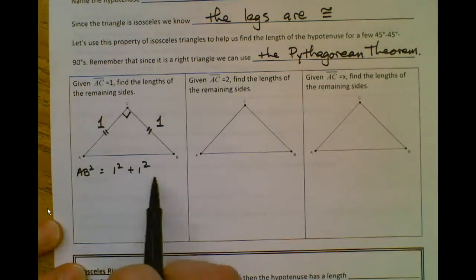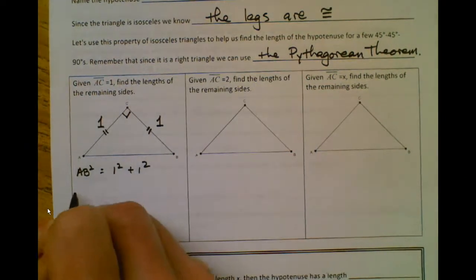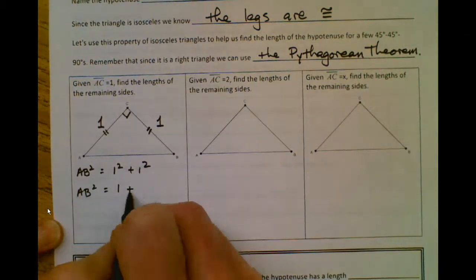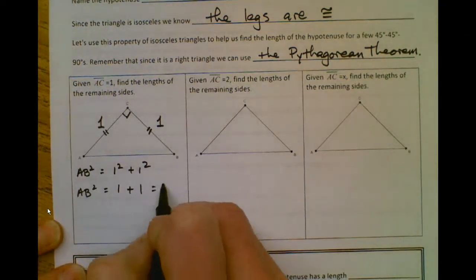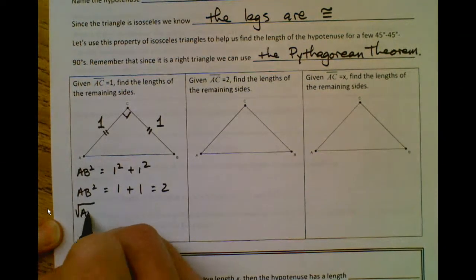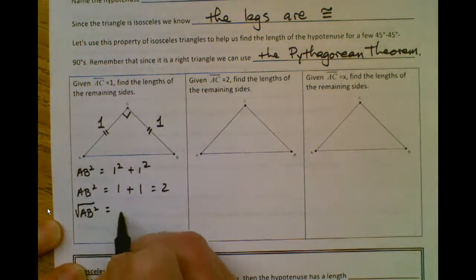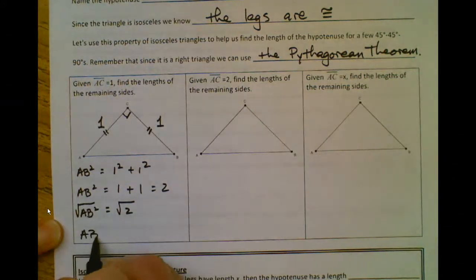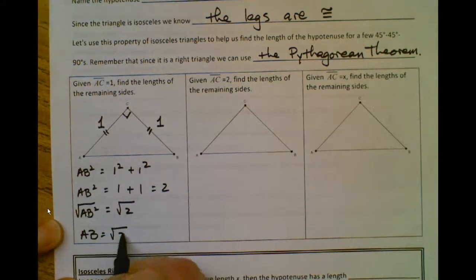So C squared is equal to A squared plus B squared. So AB squared is equal to 1 plus 1, which is 2. So then if I take the square root of both sides, square root of AB squared here, square root of 2 over here, we end up with AB equals the square root of 2.